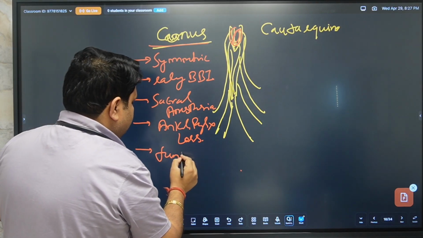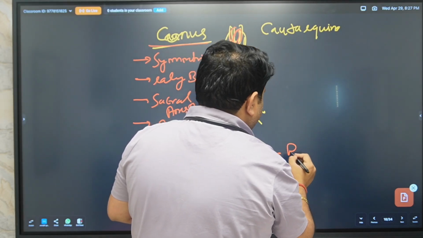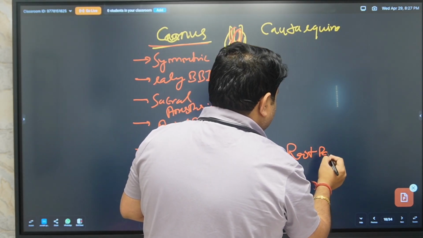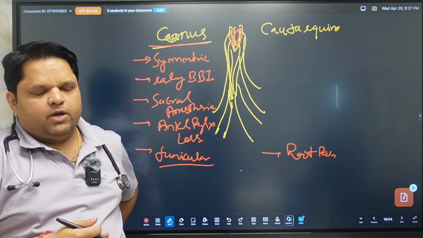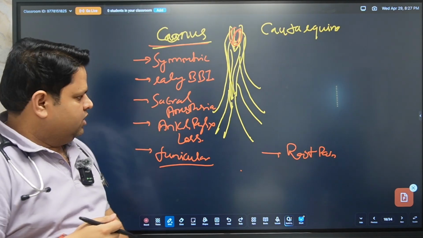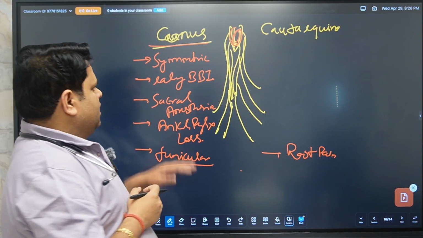Funicular pain may be there. Root pain is a sharp, shooting, electric-like pain that radiates along the nerve root. Funicular pain is a diffuse type of pain, lacking localized character.